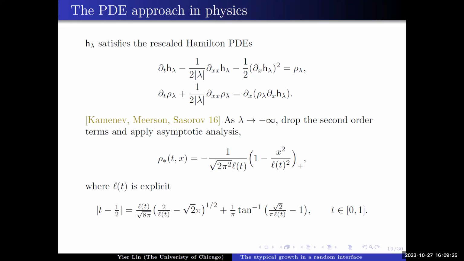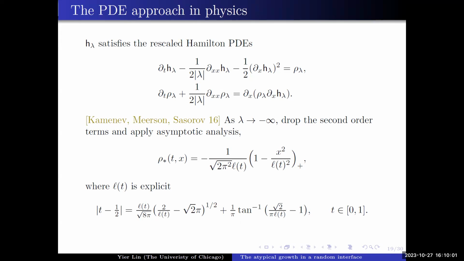The physicists have a certain sense of what the correct solution is: a quadratic function in X with explicit coefficients as a function of T, and plus means you only take the positive part of it. This is what they propose to be the physical solution in the lambda goes to minus infinity limit.